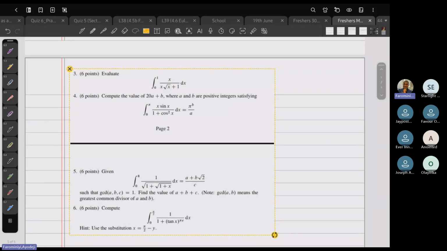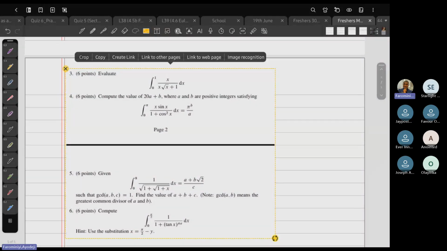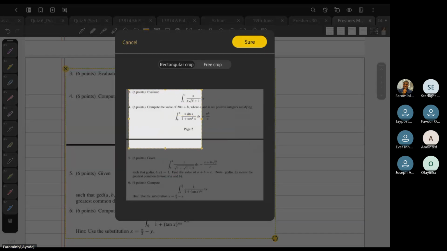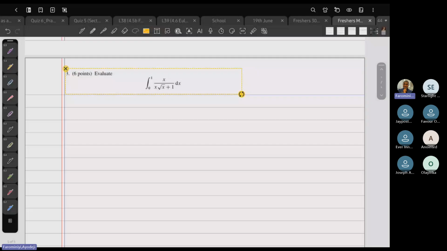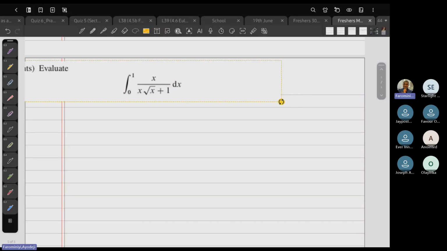I'm going to crop out the other parts and let's focus on one of them first. So number 3. This is the question. We want to evaluate this.